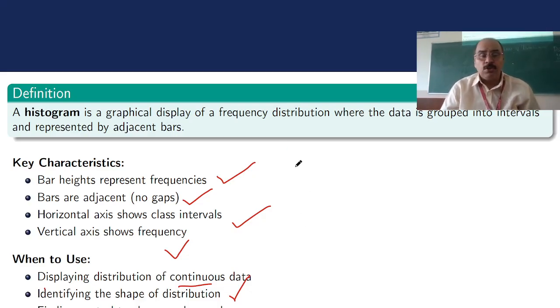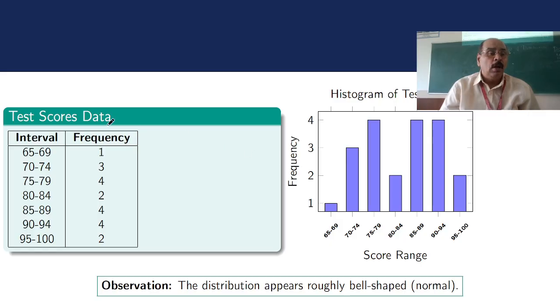So this is all about histograms. Here I am giving you an example of a histogram. You have an interval value 60 to 69 with one frequency. The height of the bars represents the frequency of occurrence of an event.